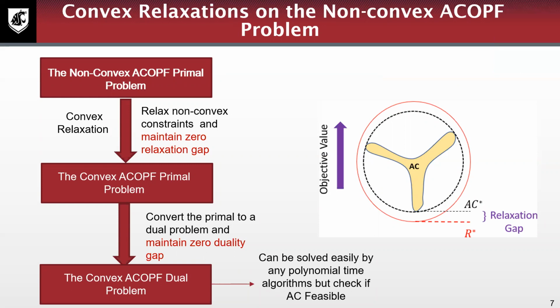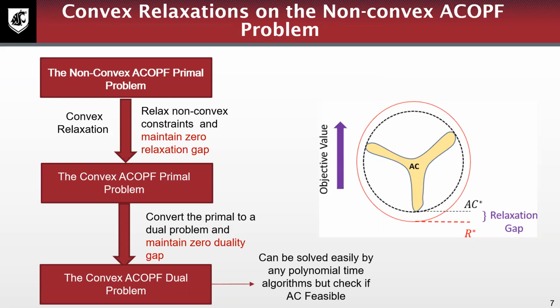Once you relax it, what you have to check is that the optimal solution obtained from that relaxed problem and the optimal solution of the original ACOPF problem should be the same. If there is a difference between these objective values, then whatever you get is not the original optimal solution. This difference is called the relaxation gap.